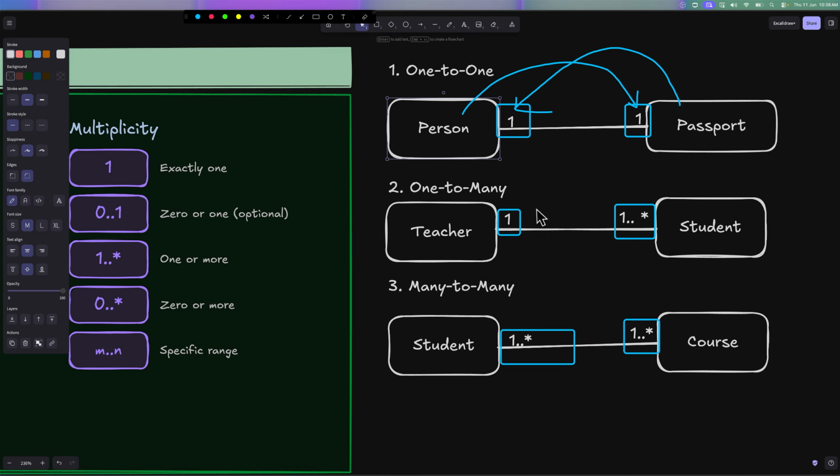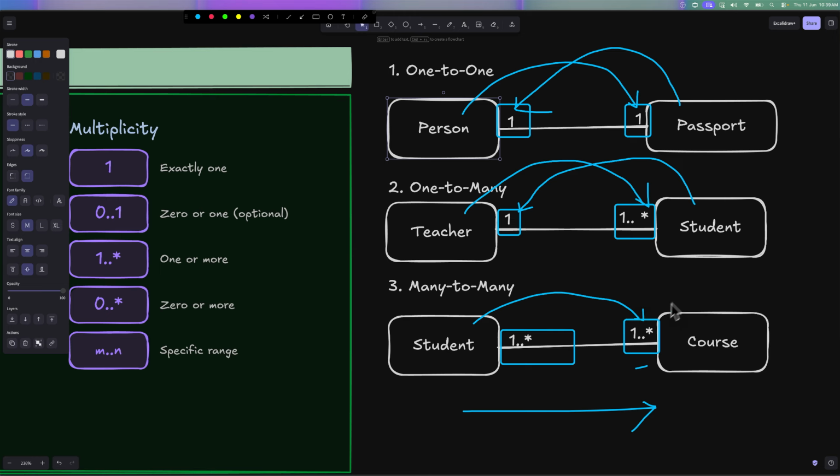If you see this one to many relationship, one object of the teacher class can connect to one or more students. Similarly, one student can connect to one teacher. This is not an actual example, but this is how you read the multiplicity. Reading this from left to right, one student can have one or more courses.